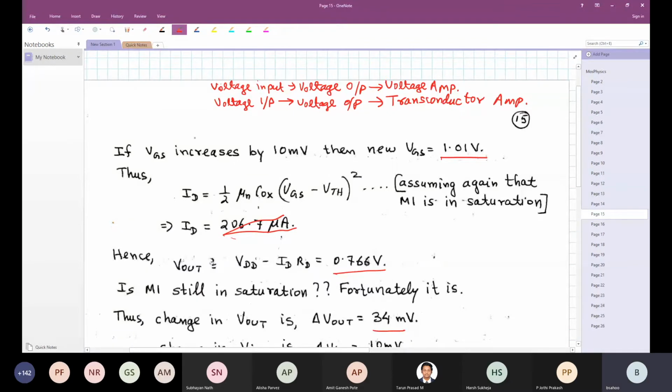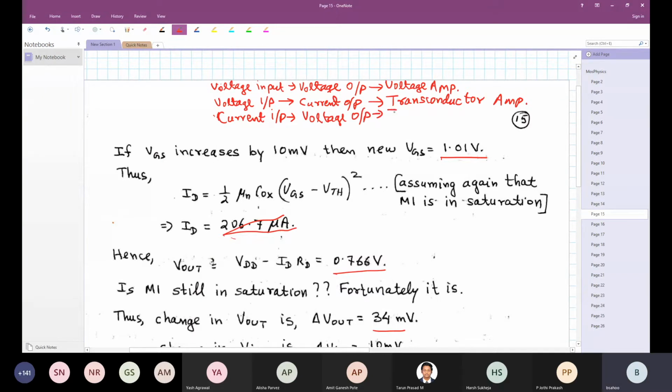Then we can have current input and voltage output.